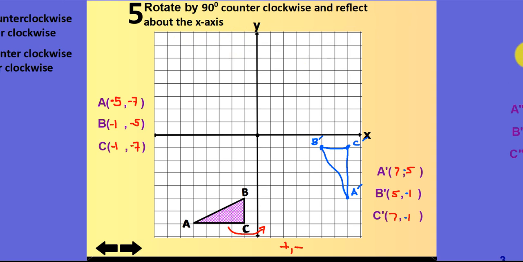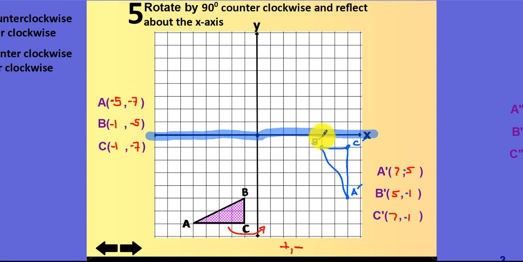It says I have to reflect about the x-axis. So to reflect, first we have to highlight the line of reflection. So it says x-axis, so I have to highlight this one. We need to highlight so that we know where to reflect. After that, the reflection will have the same distance to your line of reflection.